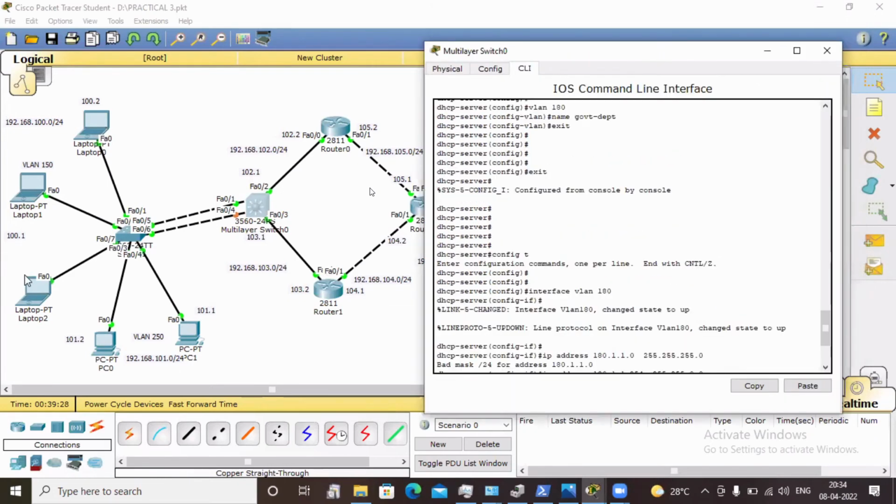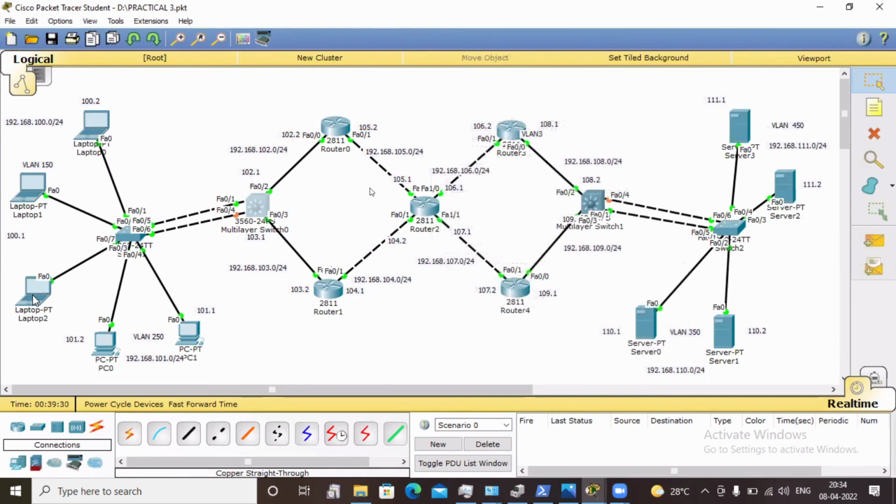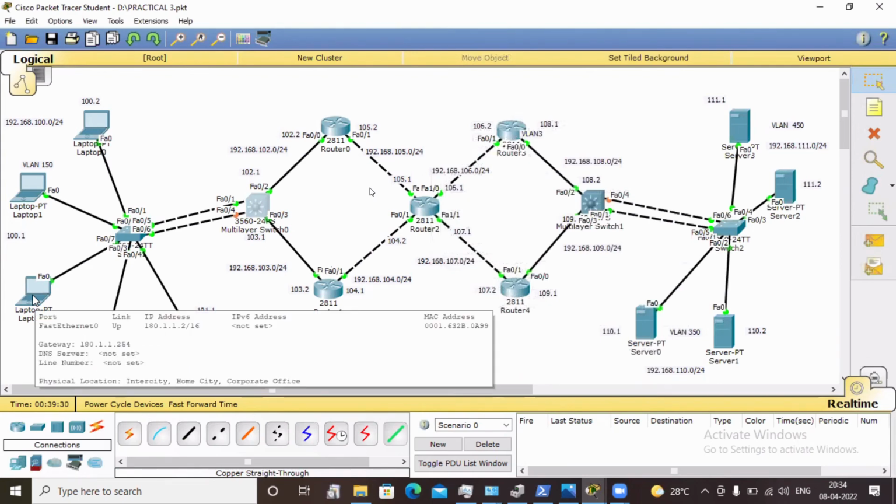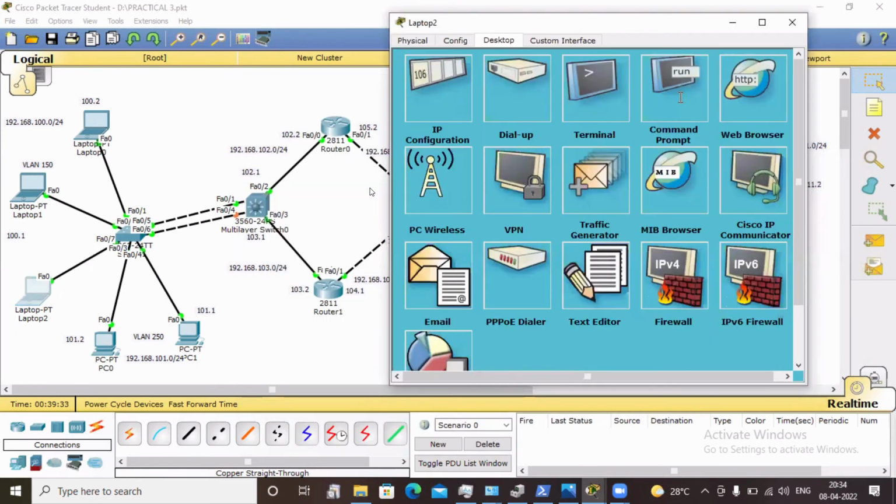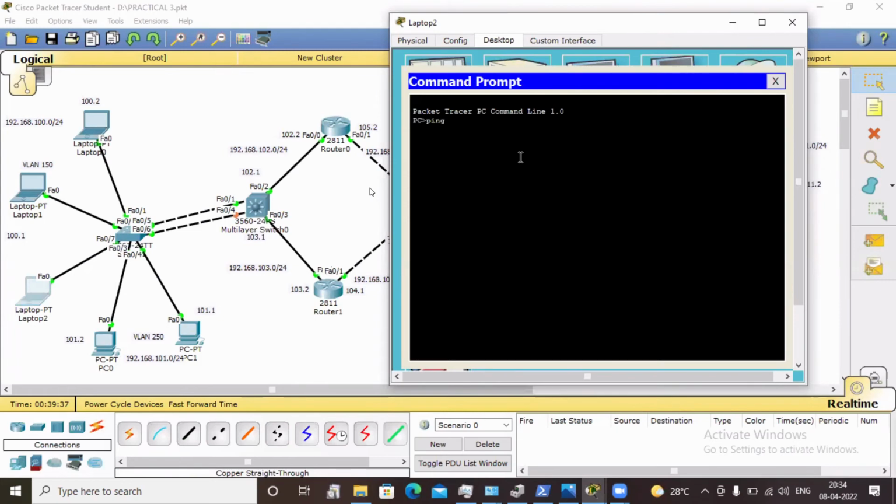Now make sure that from this machine you can ping this layer 3 VLAN interface. You should be able to ping your gateway. The 180 gateway address, 180.1.1.254, right?